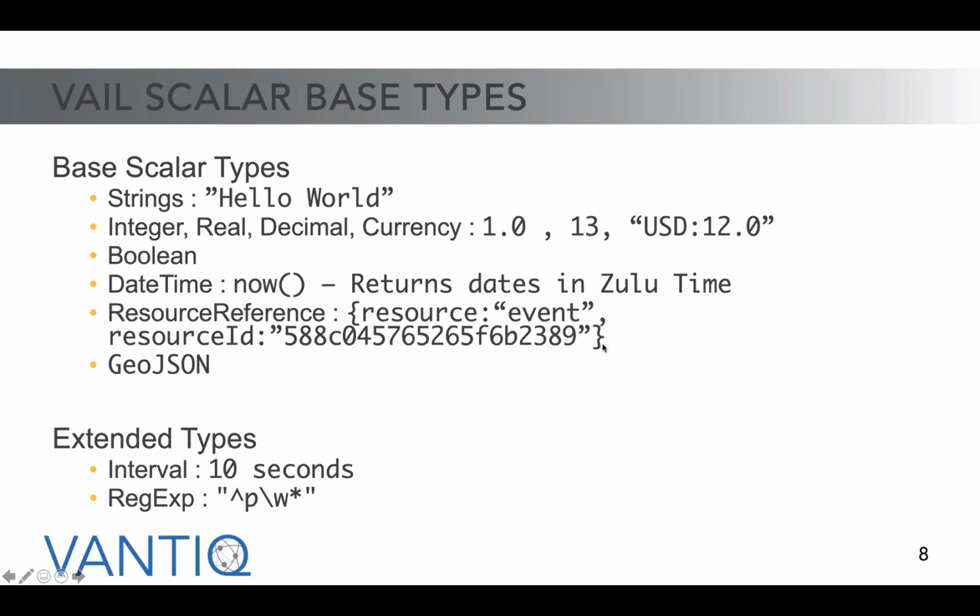You can have a resource reference inside of a basic type, GeoJSON. So it can be a point, a linear GeoJSON, or a polygon. And we have extended types. You could have an interval, which looks like a string but is different. It's an interval, like 10 seconds, 10 hours, 10 minutes, 10 weeks.